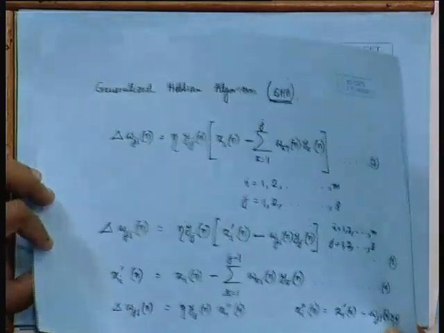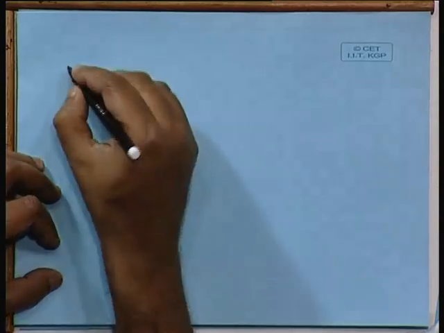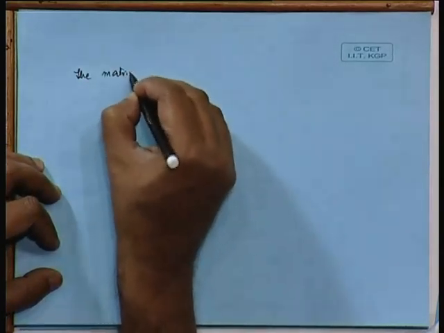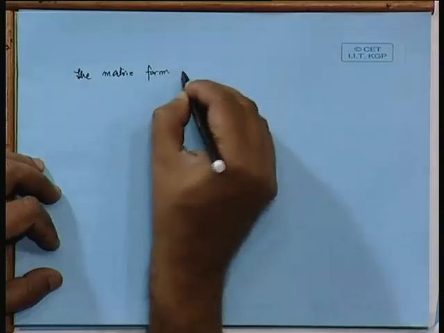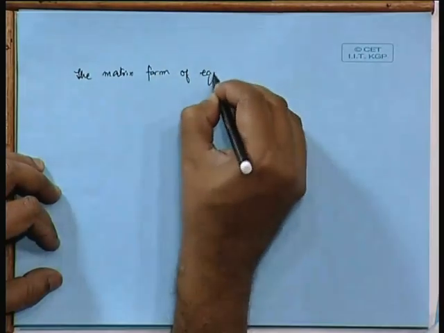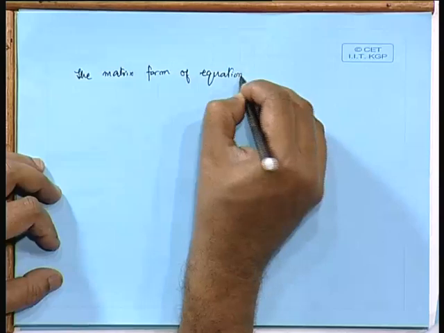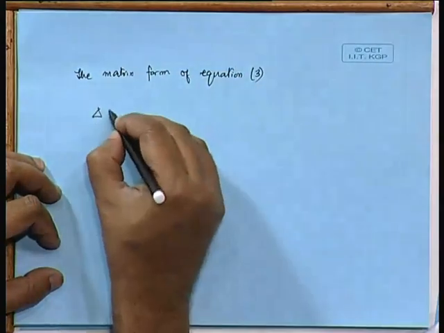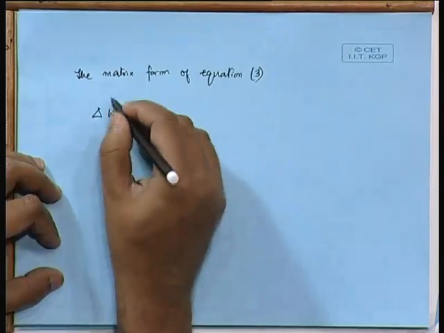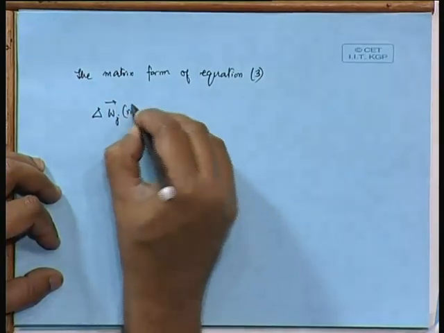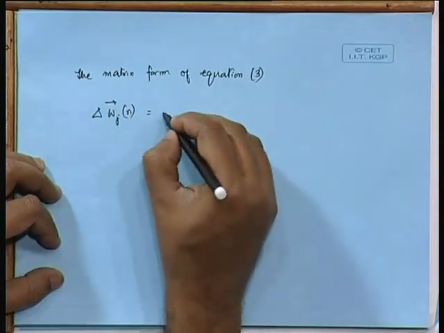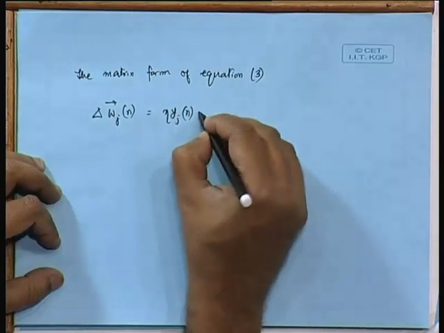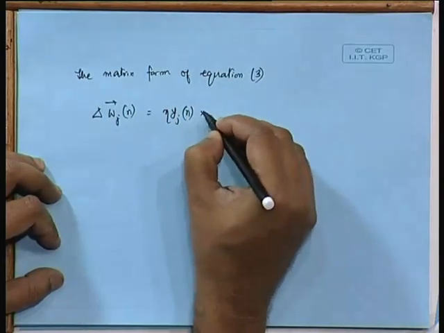So, the matrix form of equation 3 can be written as delta wj n equal to eta yj n and x prime n.